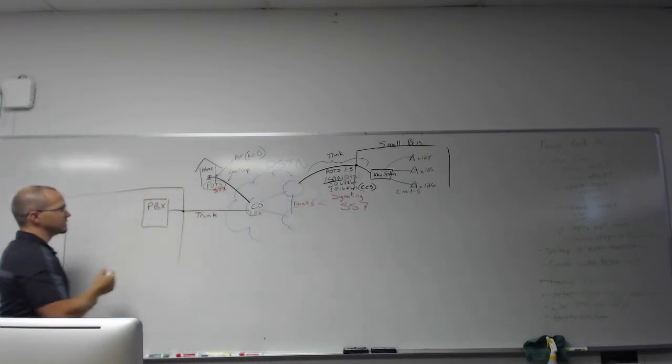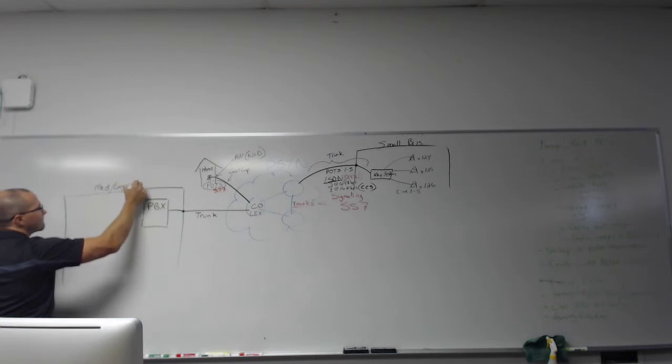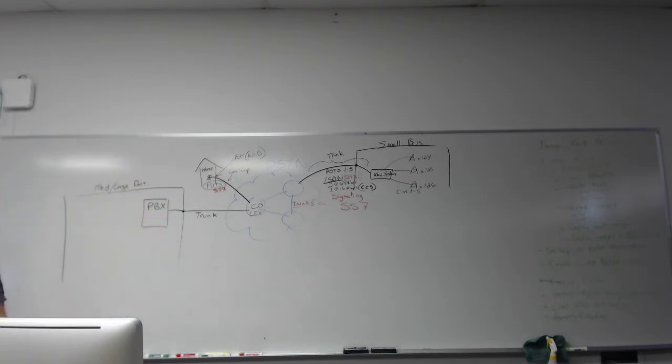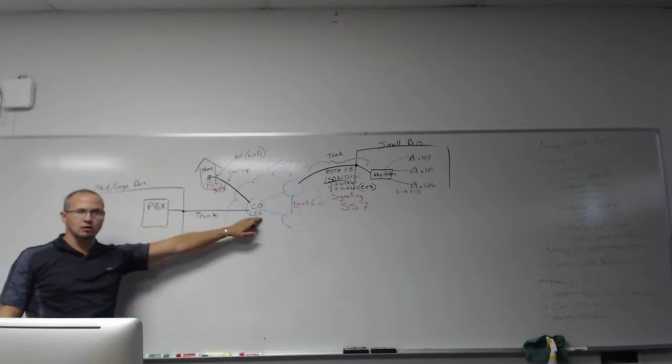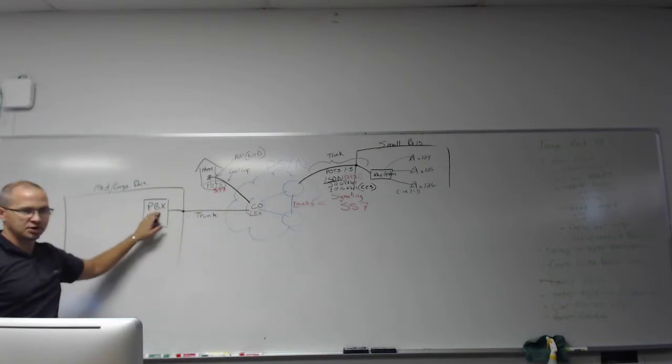So in a larger business, you're going to use something called a PBX, a private branch exchange, meaning it's going to function similarly to the local branch exchange, but it's your own private branch exchange.